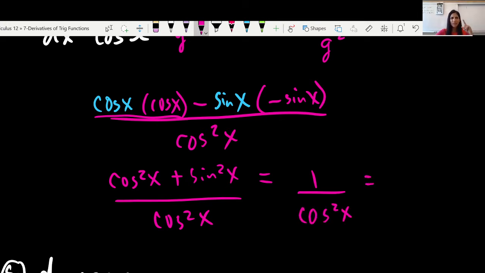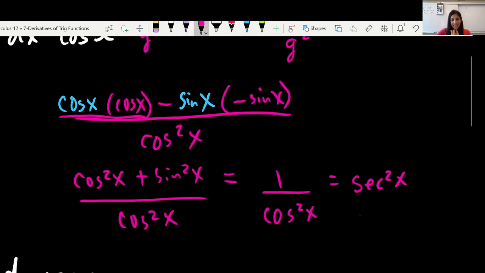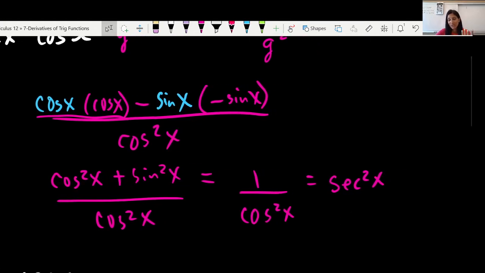We haven't done those yet, but remember there's secant, cosecant, and cotangent. So 1 over cos squared x, the best way to say that is secant squared x, because we memorized that or know that from Pre-Calc 12.